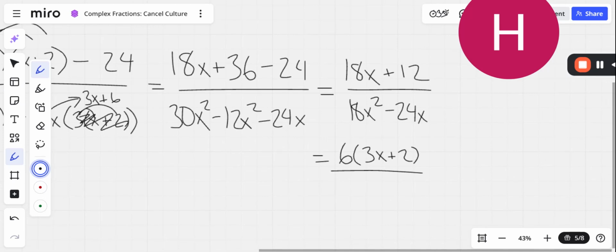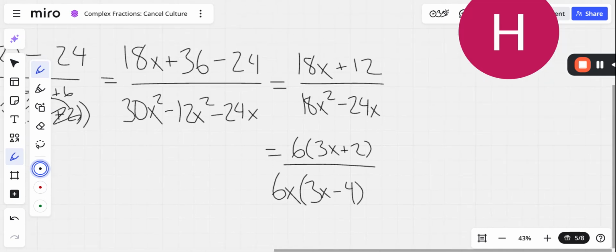I can divide out the x, but I can also take out a 6. So here's 6x, leaving us with 3x minus 4. And if we cancel the 6's, we get a nice simplified result of 3x plus 2 over x times 3x minus 4.